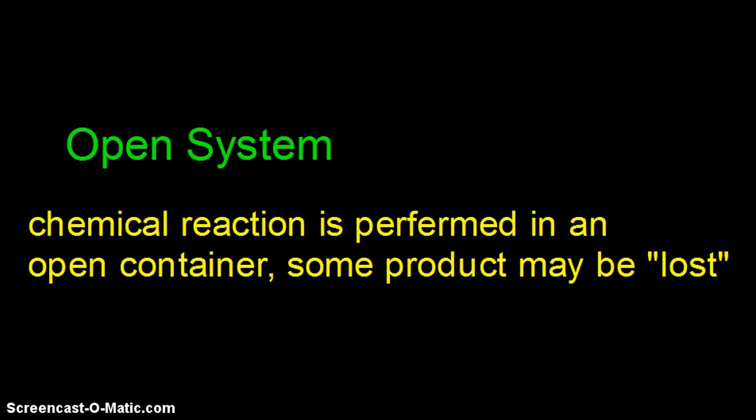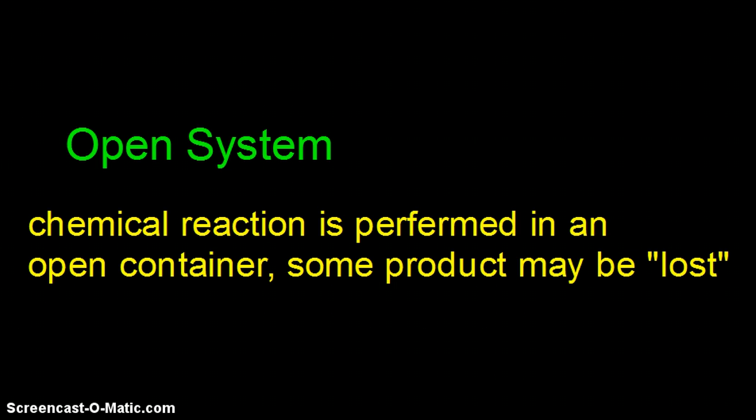Open system. An open system is a chemical reaction that is performed in an open container, just like it sounds like. And in an open system reaction, some of the product, what's produced, might be lost.